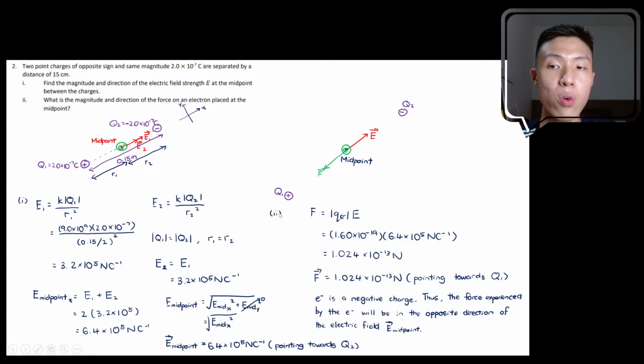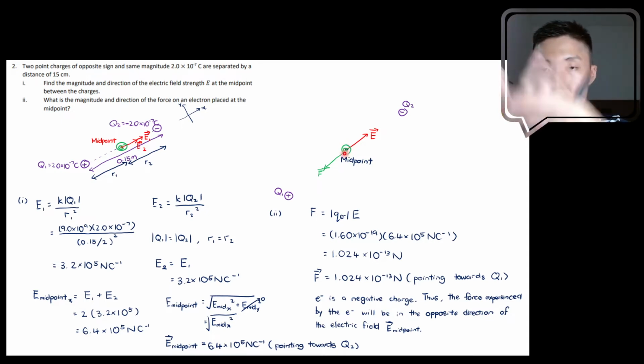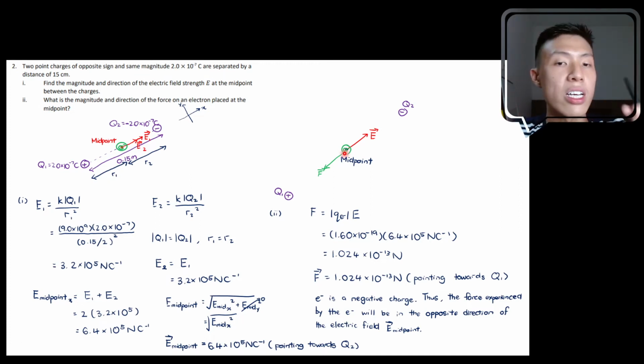For the second question, you already know that there is an electric field at the midpoint. You are investigating what magnitude and direction of force will be experienced by a charge if you place it at the midpoint. So it's the second stage. As I said, a charge producing an electric field is the first stage. A charge interacting with an electric field, thus experiencing a force, is the second stage.